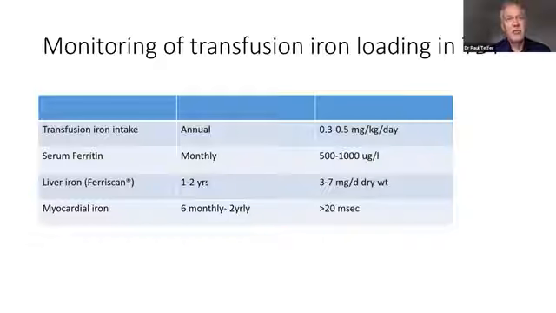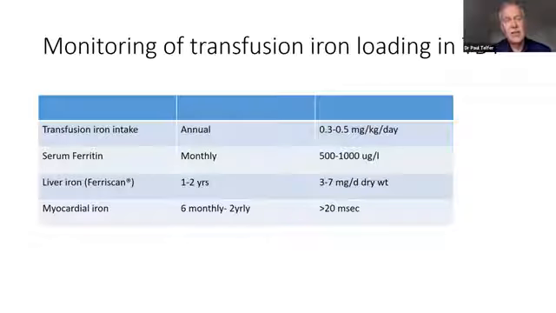But for a patient who's got significant myocardial iron, let's say with the level below 6 milliseconds, where you are intensifying the iron chelation to improve the situation, this would need to be done more frequently. There's probably no point in doing it more frequently than 6 monthly.